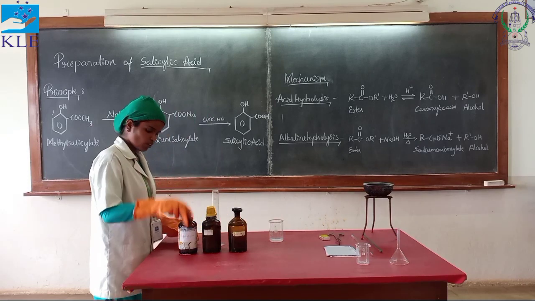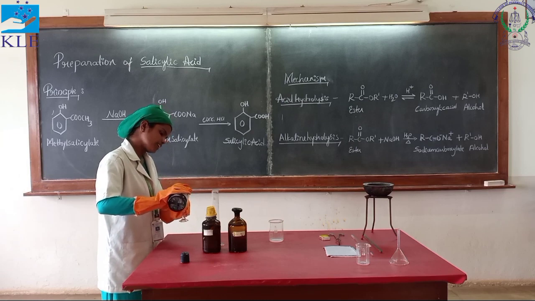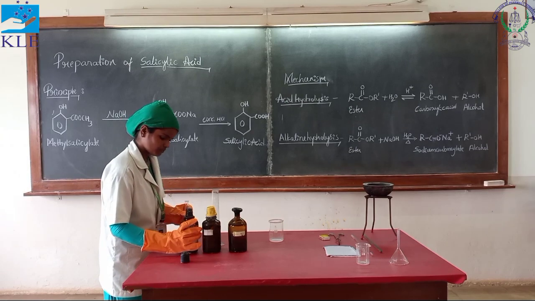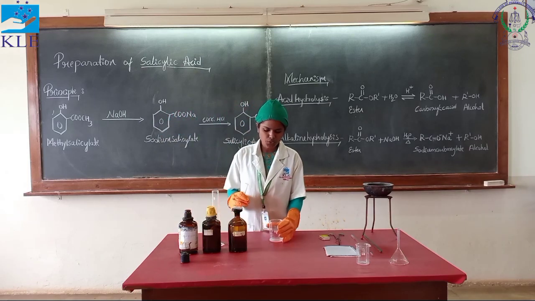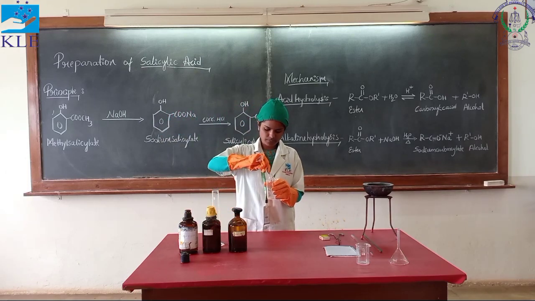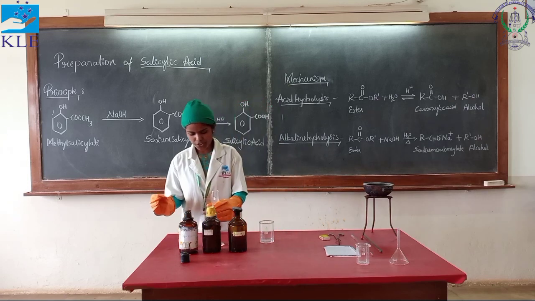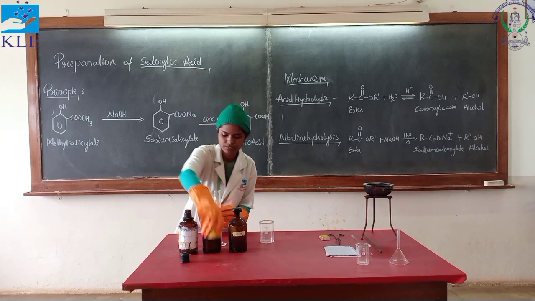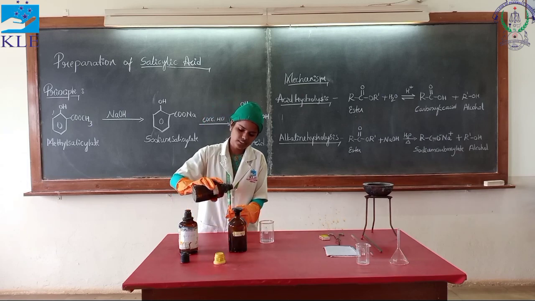Take 6 ml of methyl salicylate in a small measuring cylinder and add it to a 250 ml beaker. Then take 40 ml of 40% sodium hydroxide in a measuring cylinder.